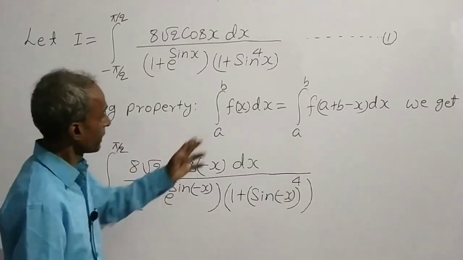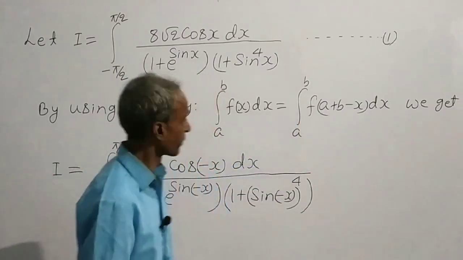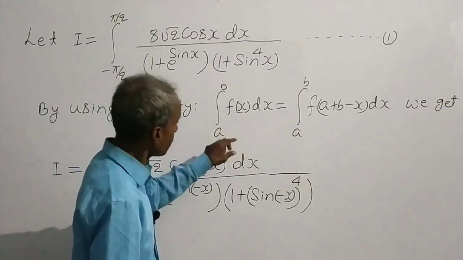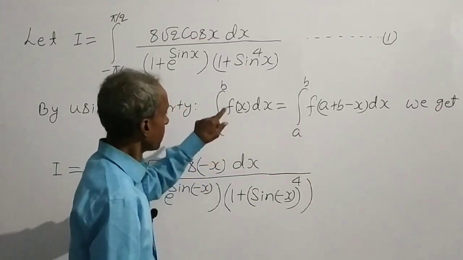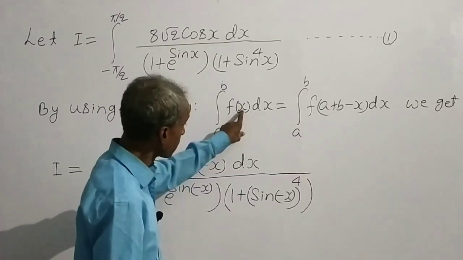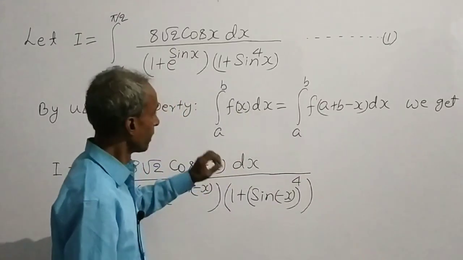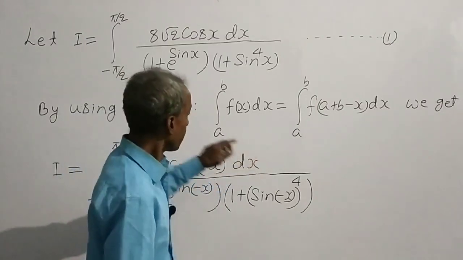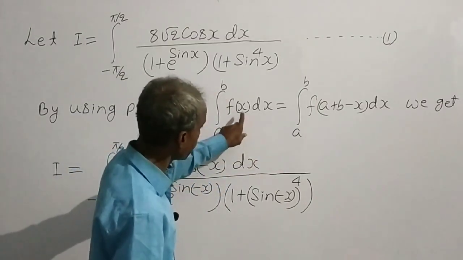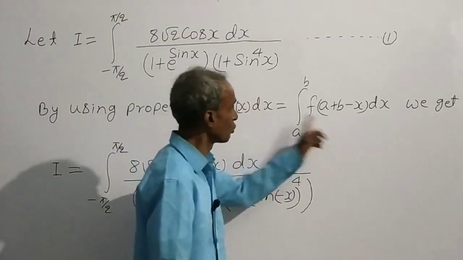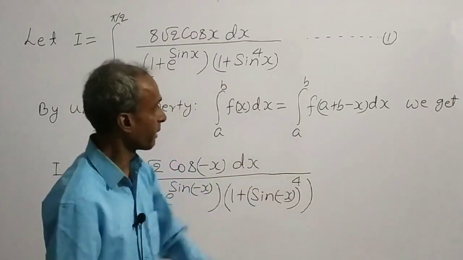Now we apply this property. The property is that if we make a change in place of x in f(x), not in dx, but in f(x), and write a plus b minus x in place of x, then the values of these two integrals are the same.